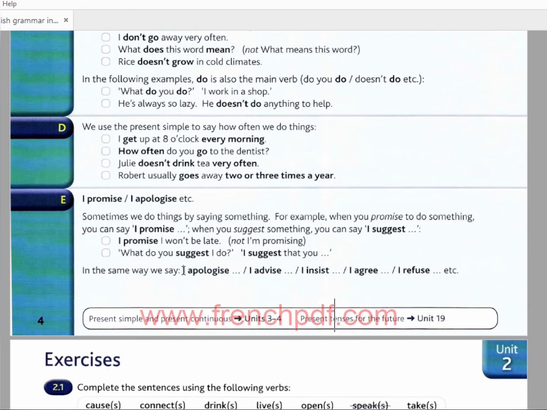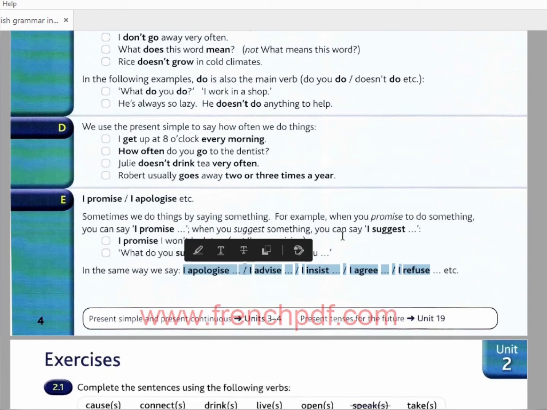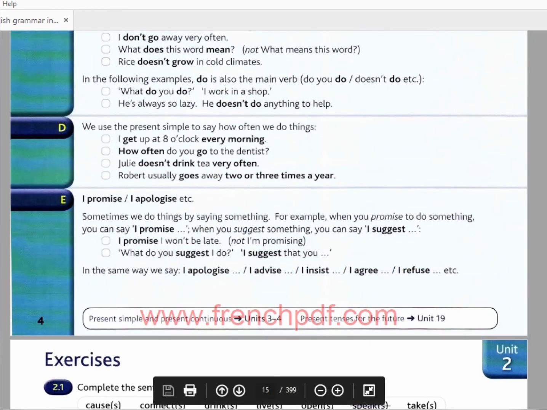For example, if you do something wrong, you will say, I apologize for the things that I did. I advise you. You can say, I insist, I agree, I refuse, etc. We use these verbs in the present simple form. So be careful about these words. This was all about present simple.